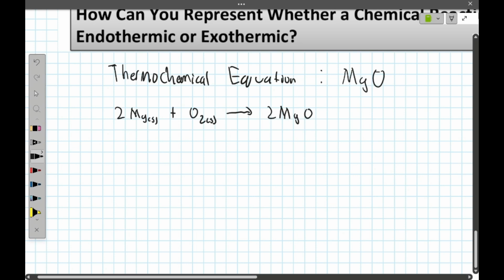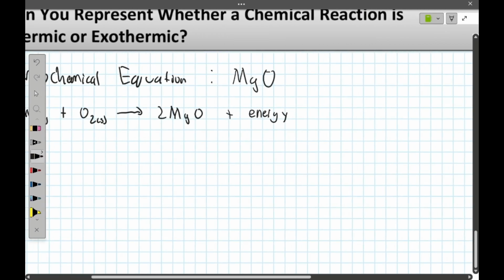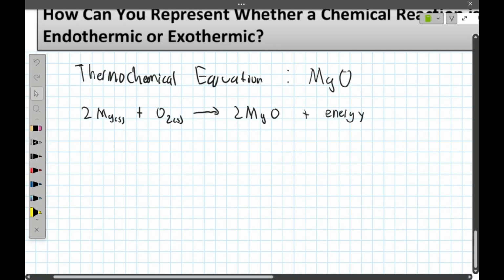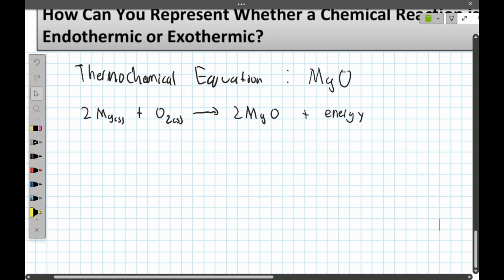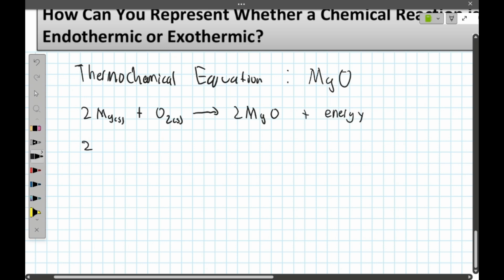If it's an exothermic reaction, we will put energy on the side with the products, plus energy, and this energy can either be given to you as just energy, or it will be given to you as a value. If we do the reverse, 2 MgO turns into 2 Mg plus O2.